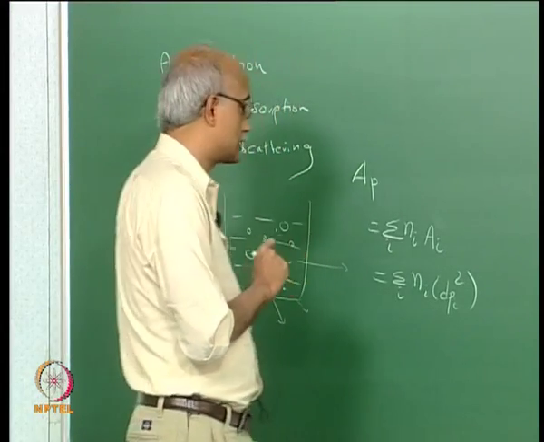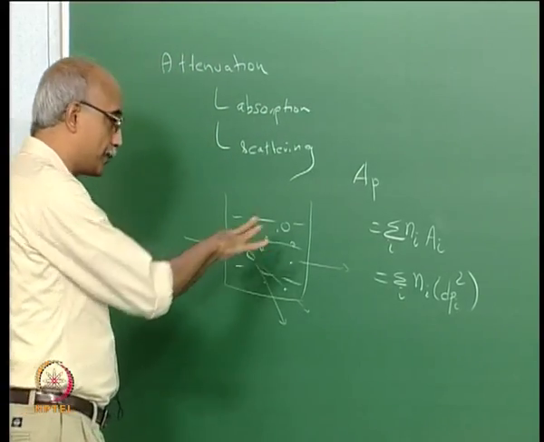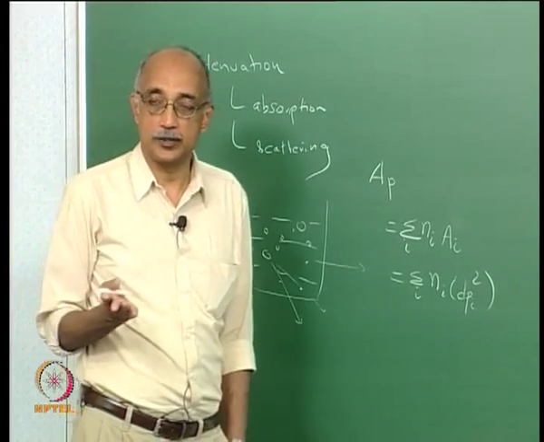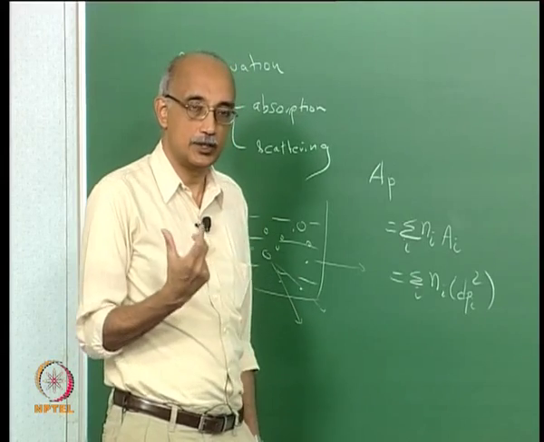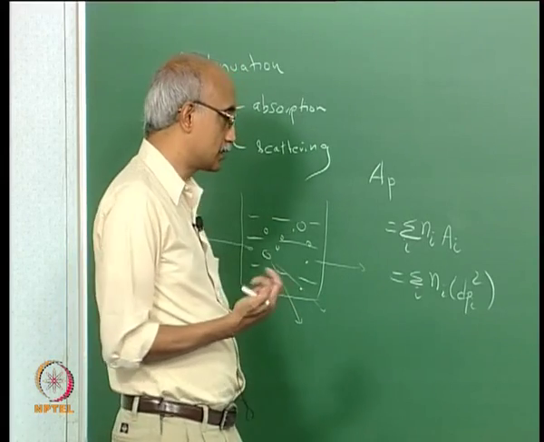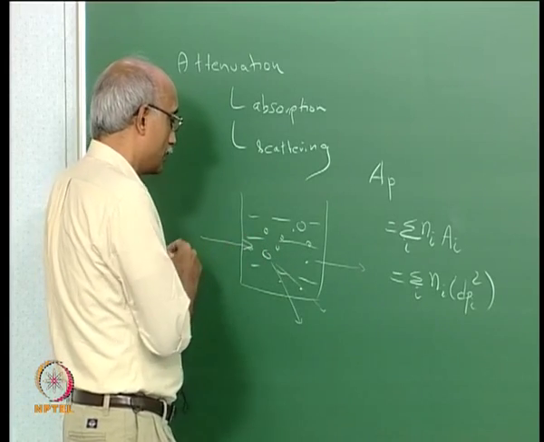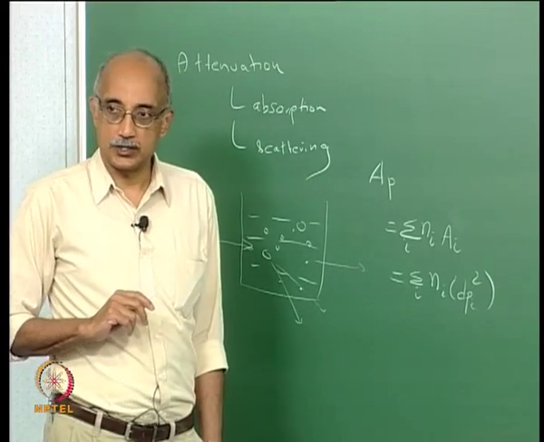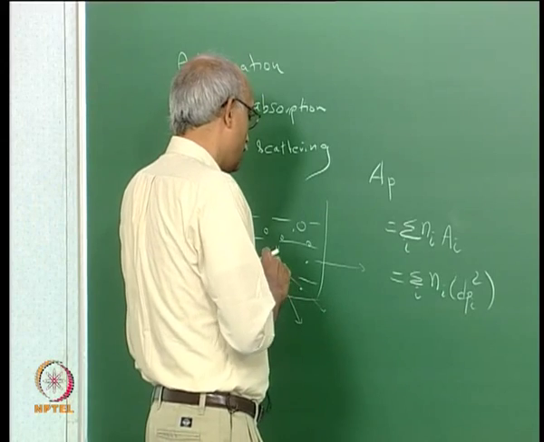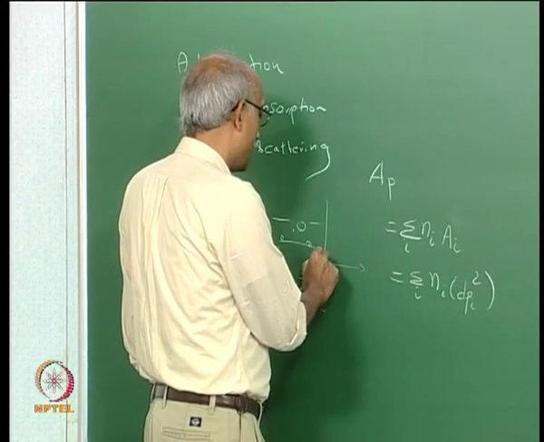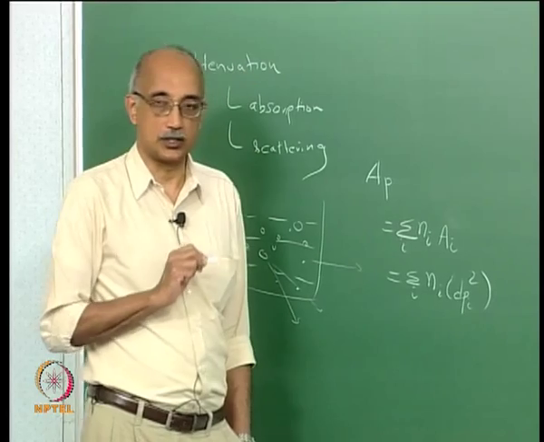Now, an instrument that is actually used that operates based on this principle is the turbidimeter, which is used to measure turbidity of liquids. What turbidimetry does is exactly this: they shine light on a sample and then take the light that is scattered and measure it.